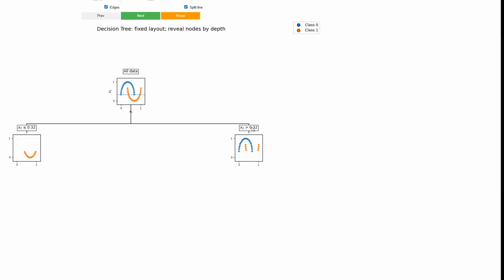And if x2 is greater than 0.32, that is the points in this region will be placed in this child node. And as you see, the left child node is a pure node in the sense that all the data points in this node are of the same class, that is the orange class. So we don't have to split this left node any further. However, the right node has to be split further.